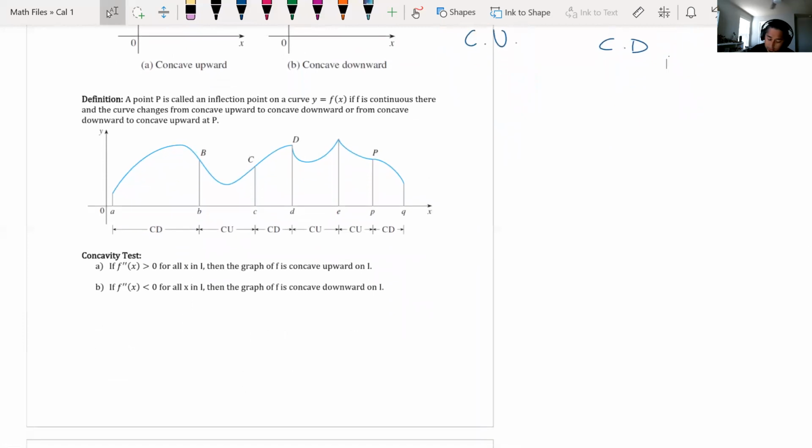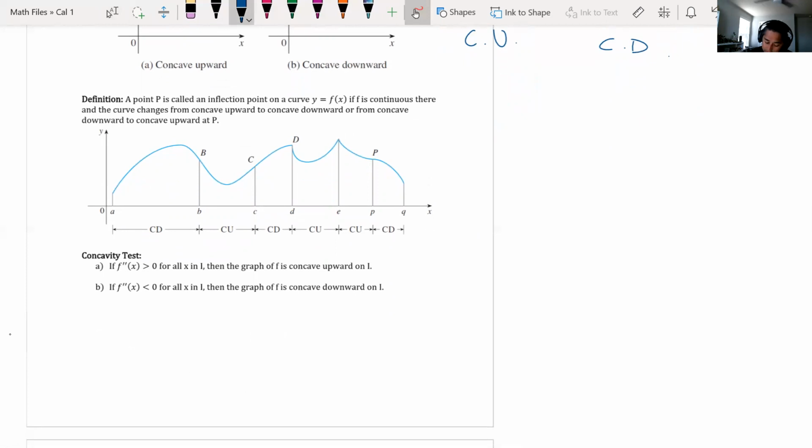Okay, so to find concavity, it deals with the second derivative. By the concavity test, if the second derivative is positive for all values of x in some interval I, then the graph will be concave upward.